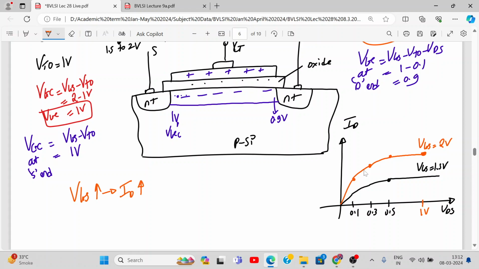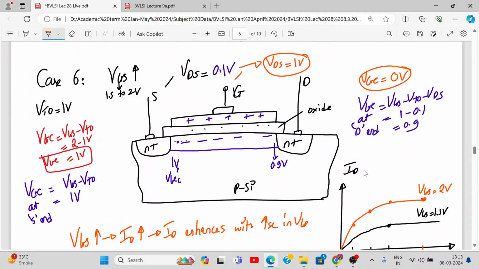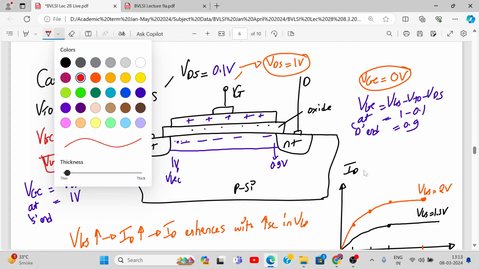That's why it's called current is getting enhanced. Current is getting enhanced, actually it enhances even further. So ID enhances with increase in VGS. Okay, now let's take the last case for today. VGS को 3 volt कर दिया.